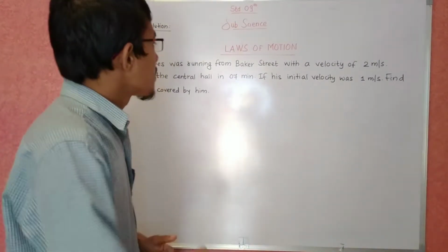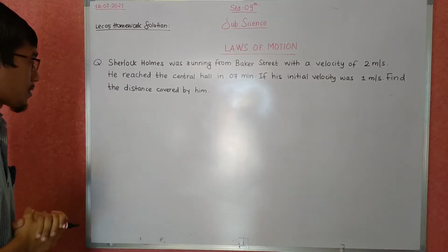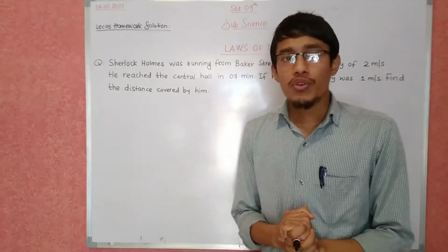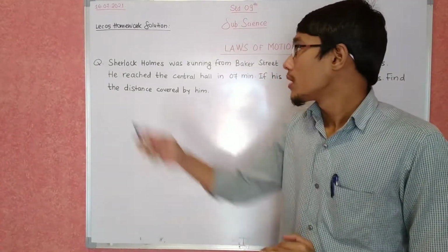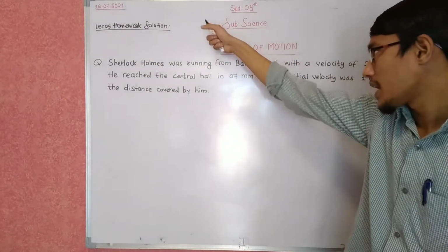Hello everyone. In this lecture I am going to explain one of the questions which was given as homework. It was the homework for lecture number 5, for class 9 science.